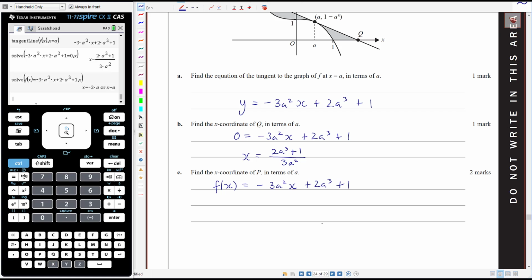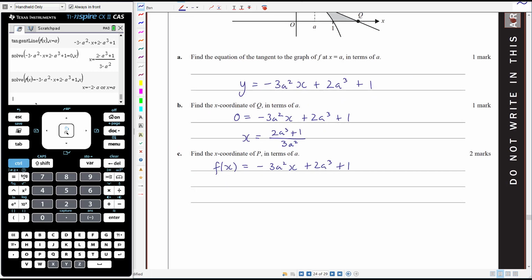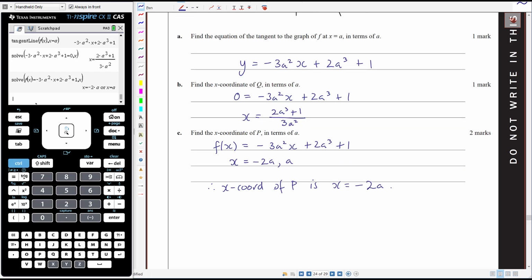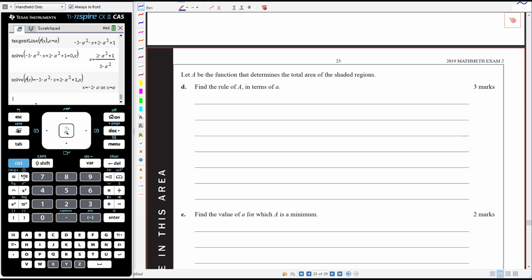Okay, and we find that happens at x equals negative 2a or x equals a. Now we already knew about the x equals a. That's where we found the tangent. And so we want the x-coordinate of p, so therefore the x-coordinate of p is x equals negative 2a. Okay, so pretty straightforward there, those first three parts. Good CAS work makes it nice and efficient.